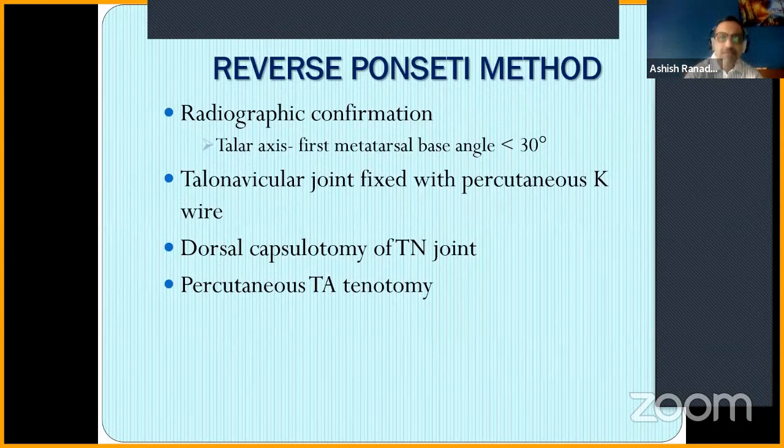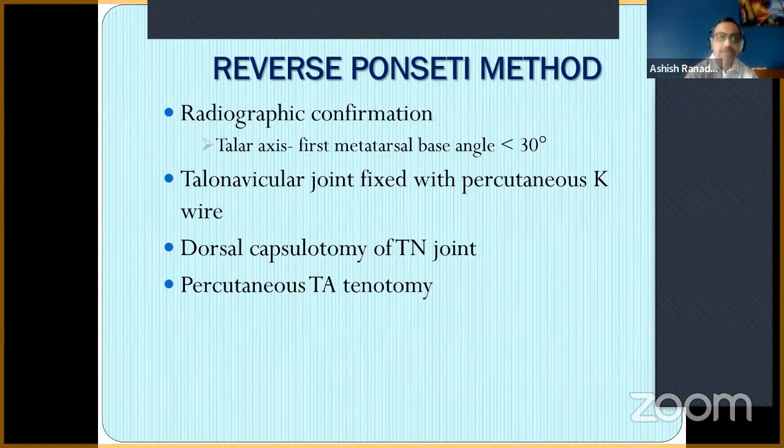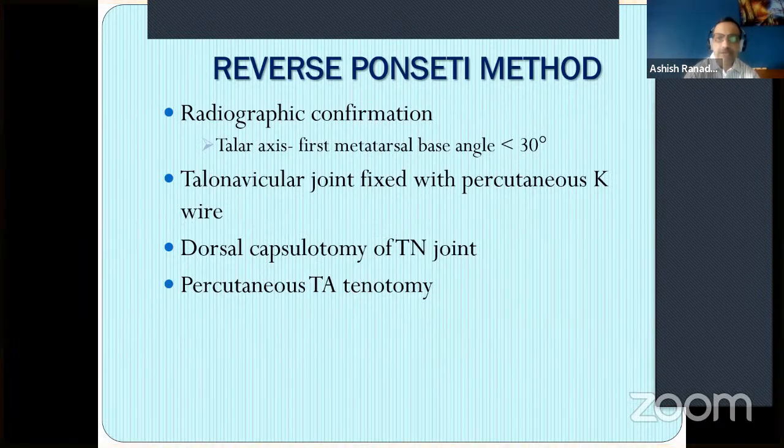And once we correct the forefoot deformity, we do percutaneous TA tenotomy. If required, we do dorsal capsulotomy of the talonavicular joint, and the talonavicular joint is fixed with a K-wire.